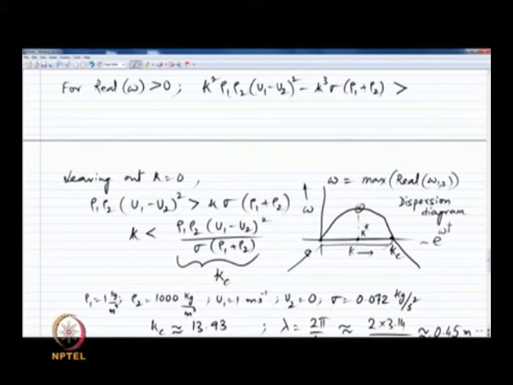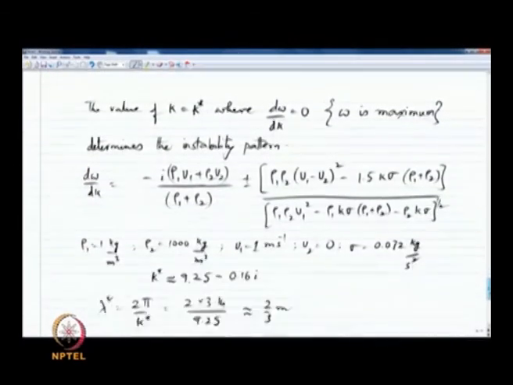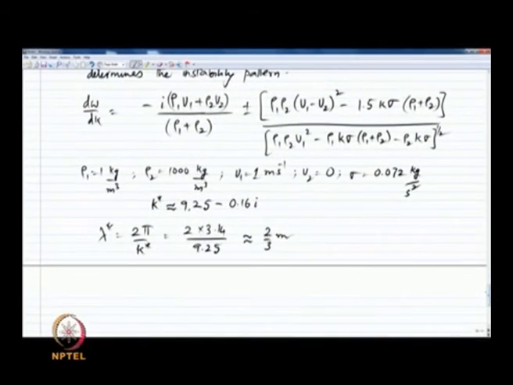What this means is that the wave number with the maximum growth rate is likely to show up in the experiment even in a very short period of time, because all other waves would not grow as fast as the wave associated with the maximum growth rate.